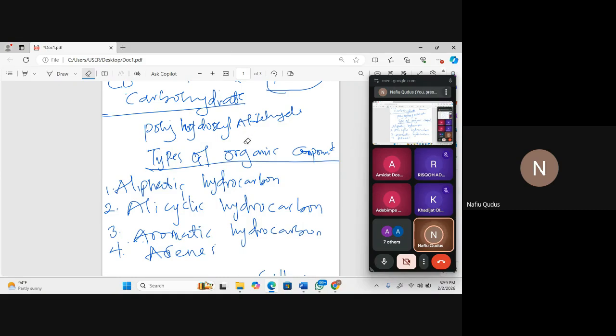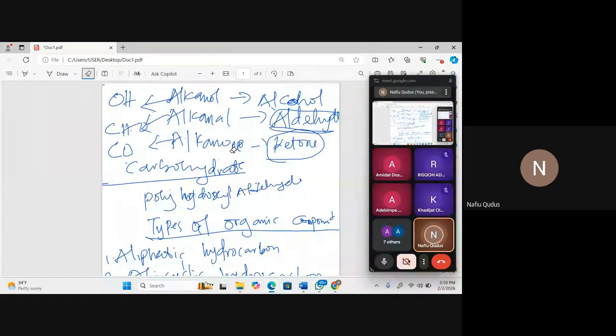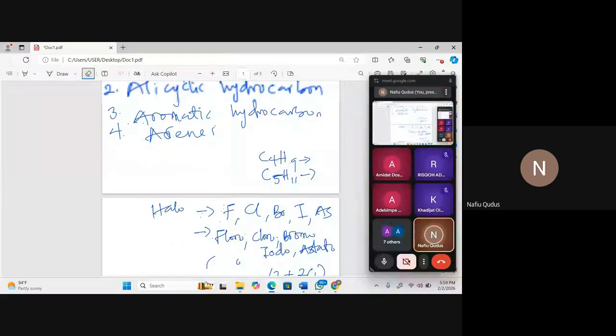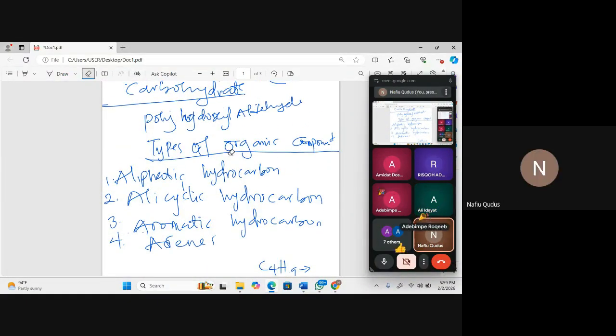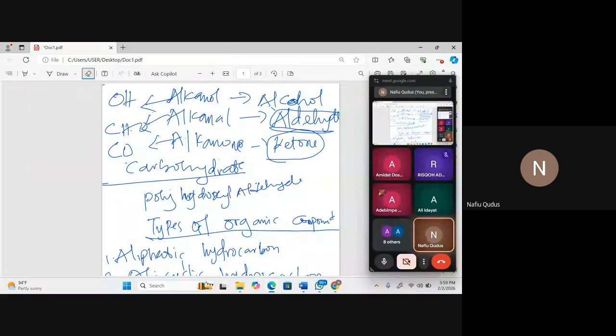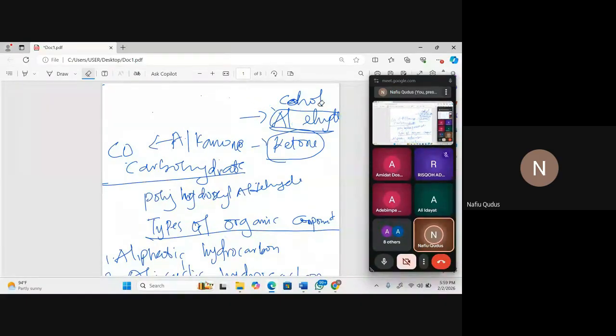Is it in the form of rings? Is it in the form of aromatic or arenes? Now, there are some questions that they are going to ask you regarding alkane, alkene, and alkyne.